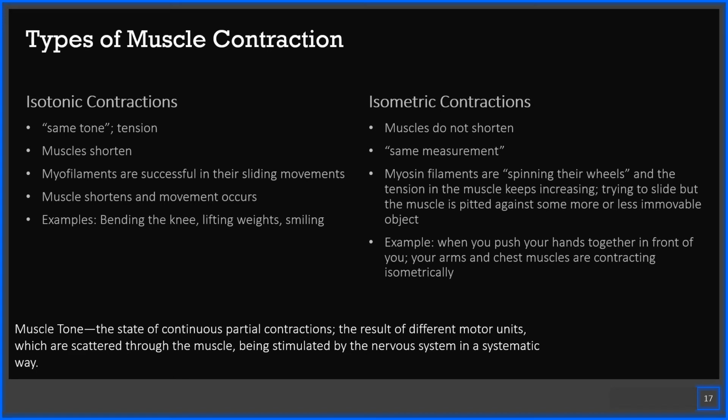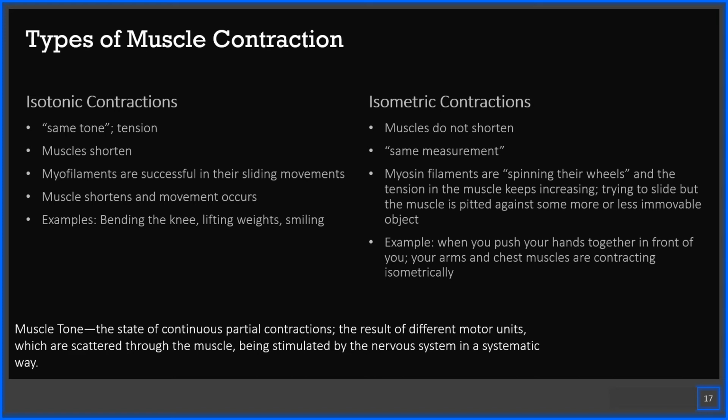So they're staying the same length, but there is no movement really. Unlike lifting a weight, where your muscle is going to contract and elongate, in an isometric movement you're pushing against force. So the muscle is working, but it's not shortening.